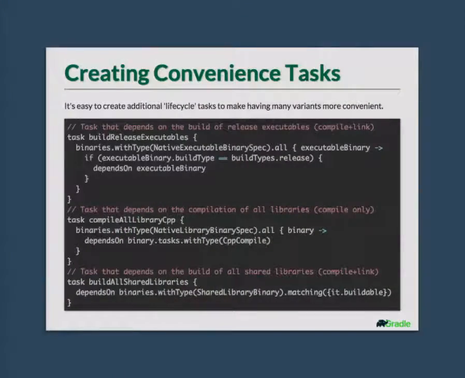And same thing at the bottom, where we only want to depend on the shared libraries, so we have one way to build everything that is a buildable shared library. This works because the collection that comes out of this matching is a collection of buildable model elements. Gradle takes those buildable model elements, grabs all the tasks out of them, and sets up the dependency graph based on that.